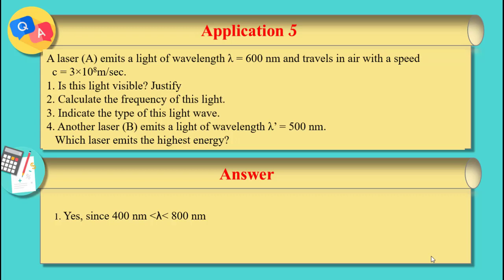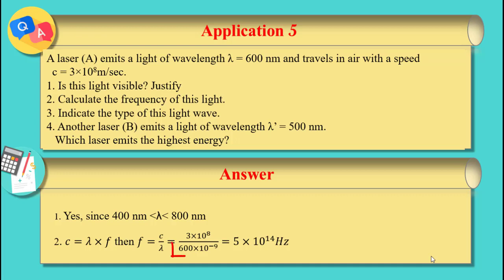Calculate the frequency of this light. You are given the wavelength and the speed of propagation. Then applying the formula C is equal to lambda times F implies that F is equal to C divided by lambda. But here you need to take care that the wavelength should be in the SI unit since the speed is in meter per second.